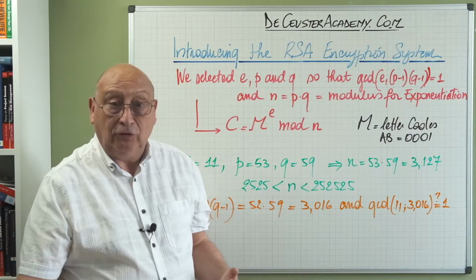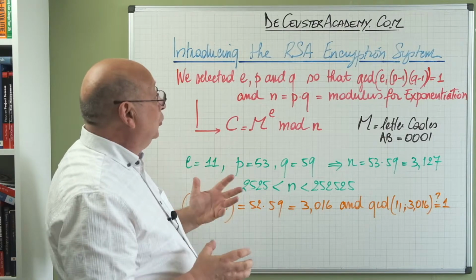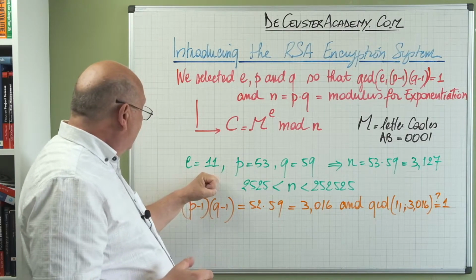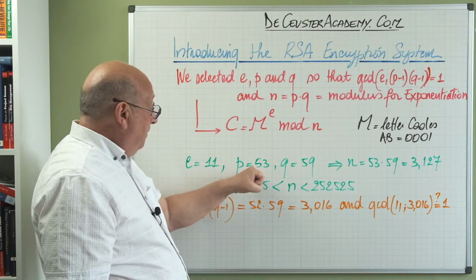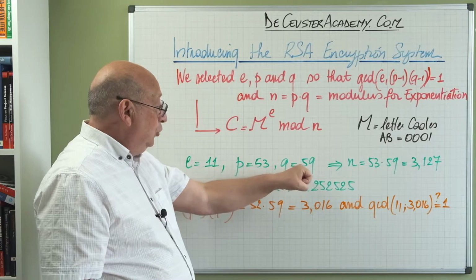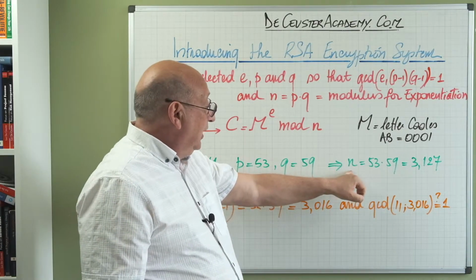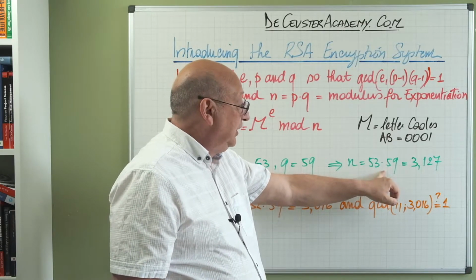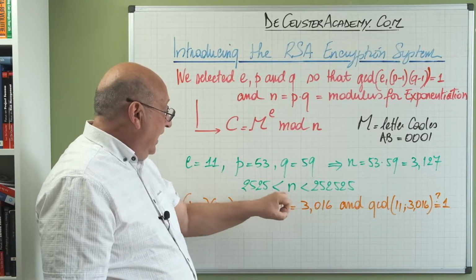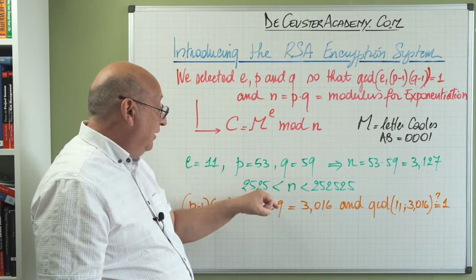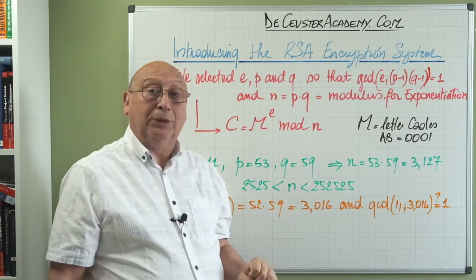Now, what is important, first of all, we have to verify if those rules are valid. Let's say we selected for the exponent the number 11, P is 53, Q is 59, both are prime numbers, and we can calculate N, which is 53 times 59, which gives us 3,127, and N is between 2,525 and 252,525.